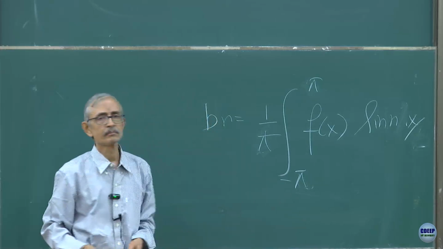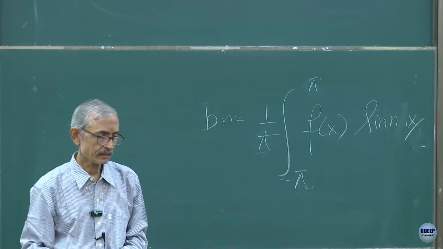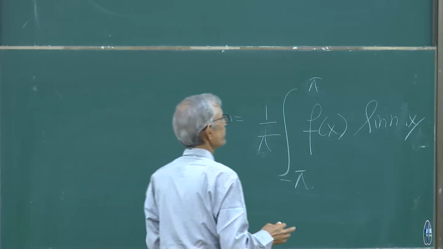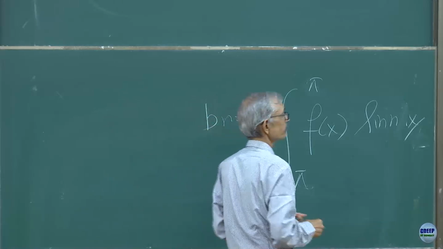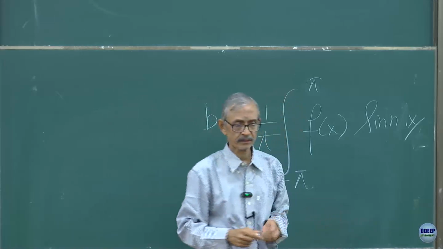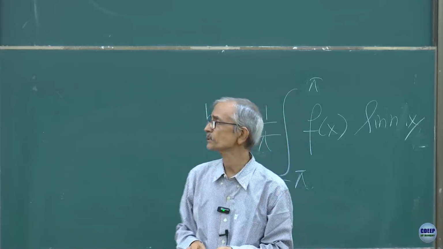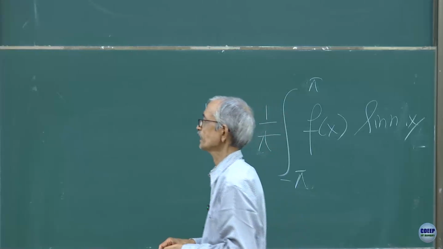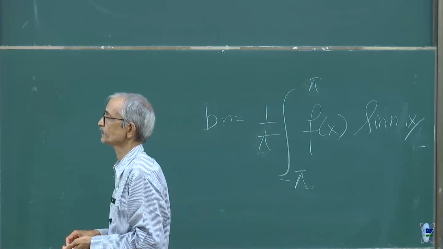So an and bn are the coefficients of the basis functions, and there are some things that we need to be careful about. The series is assumed to be a convergent one, which means that f(x) is integrable.